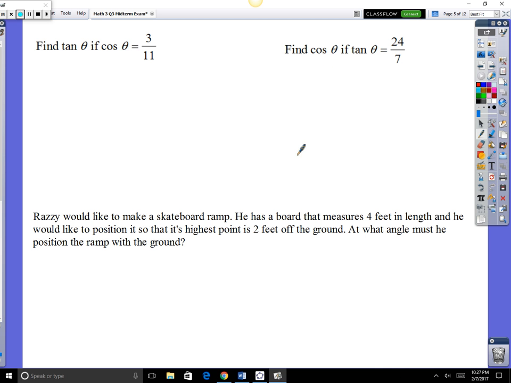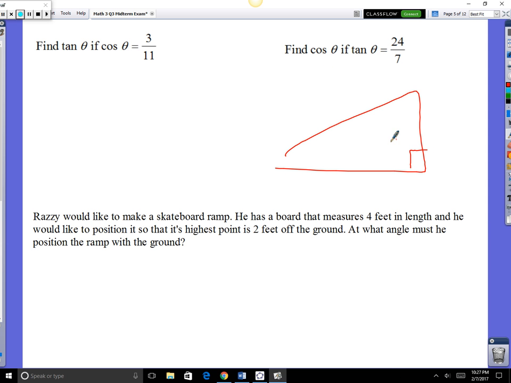Next one, draw a triangle. There's my 90. And I'll put theta here, so that means this one's opposite, this one's hypotenuse, this one's adjacent. Tangent is opposite over adjacent. So we're going to put the 24 there, the 7 there, and now I need to find the hypotenuse.